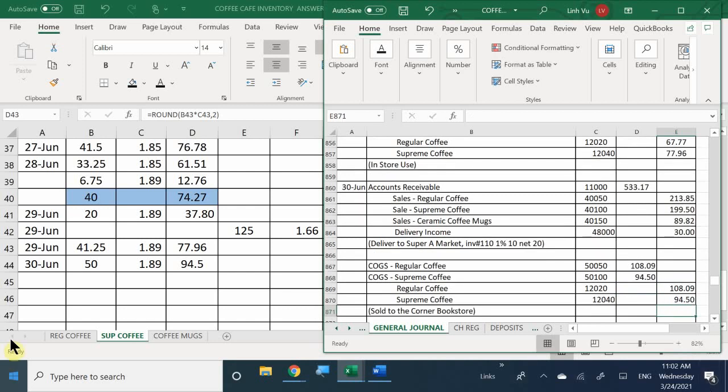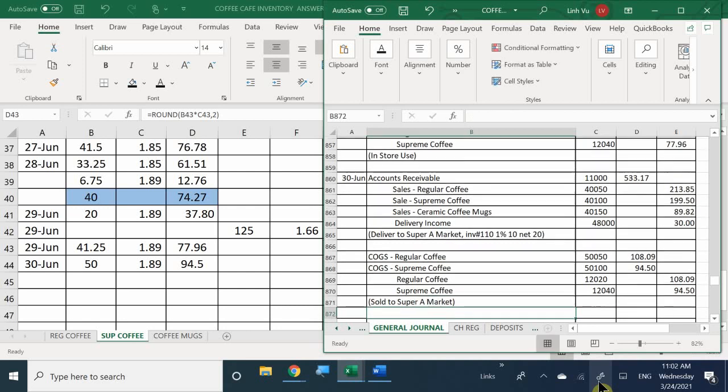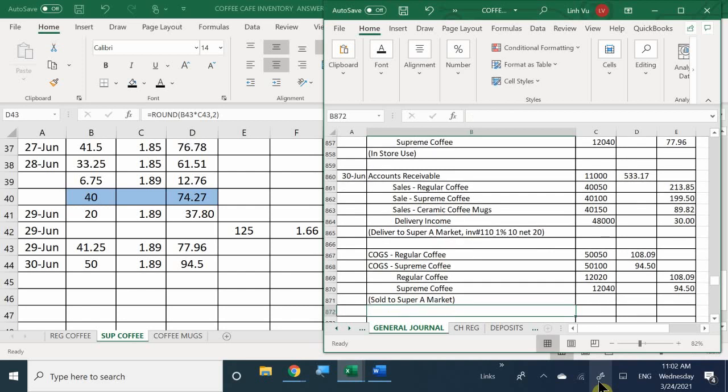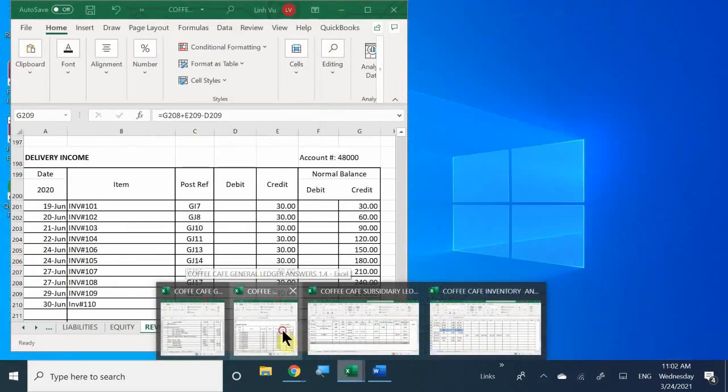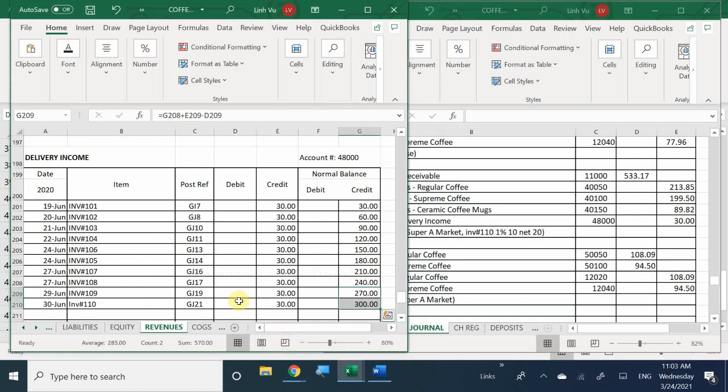Okay. All right, make sure I write here that I delivered this to Super A Market. All right. So let's go ahead and update our ledger and our account balances. So cost of goods sold.